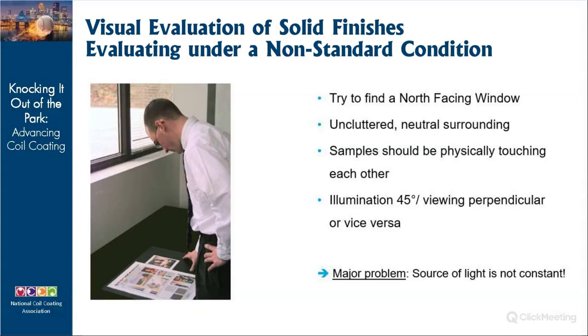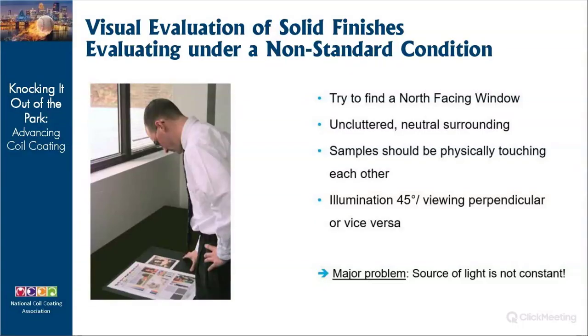So a little bit about visual evaluations and metamerism. So when we go through visual evaluation studies, I have solid finishes here because it's a little bit different when we're looking at effect color. But you try to find a north-facing window. Don't want to have clutter around because that can influence what you see.